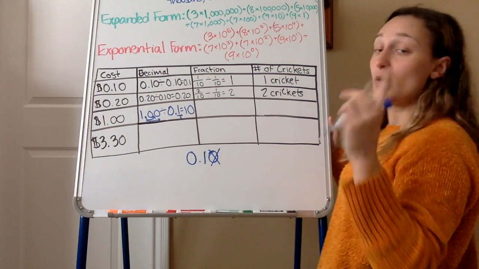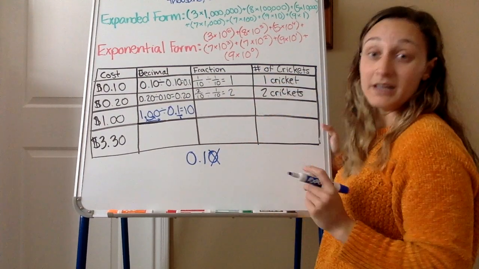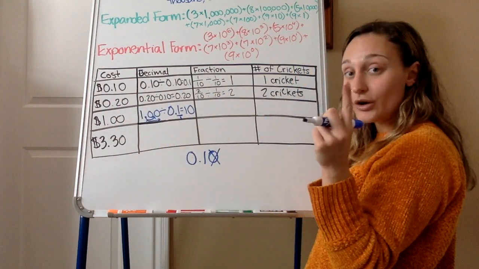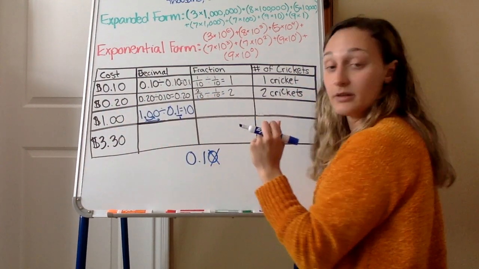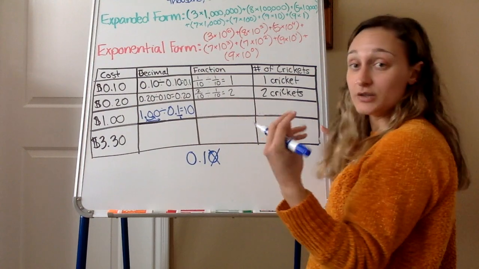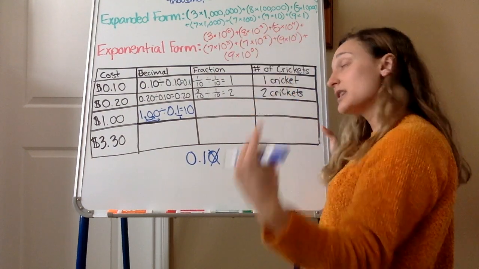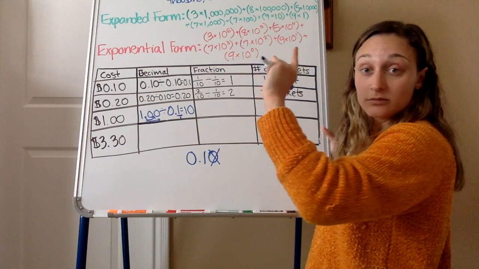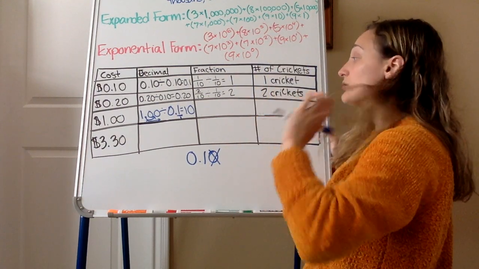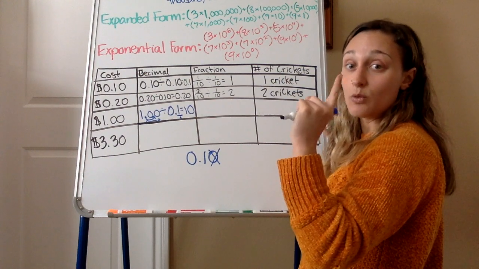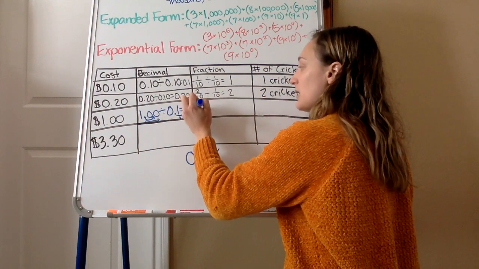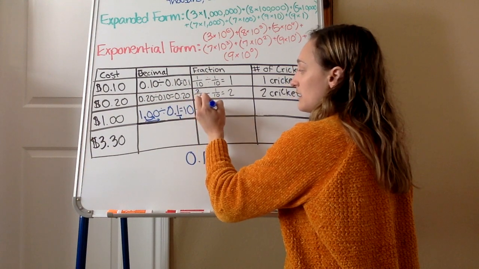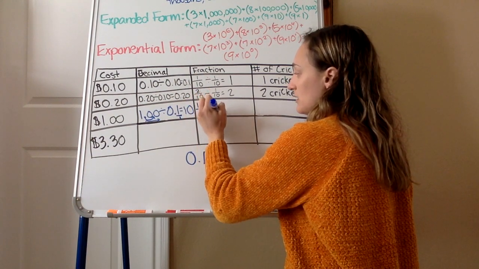Now I'm going to show you why it works like a fraction by using a fraction. So I need to write $1 in terms of tenths. I know that if the numerator and the denominator are the exact same, it'll equal 1. So I've got 10 over 10 divided by 1/10.